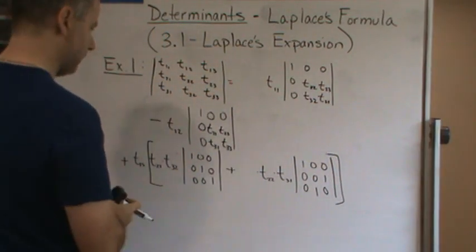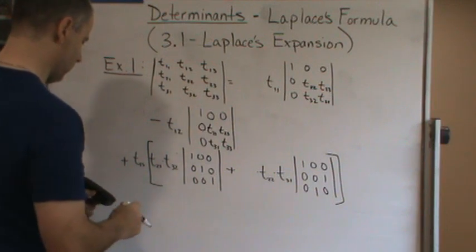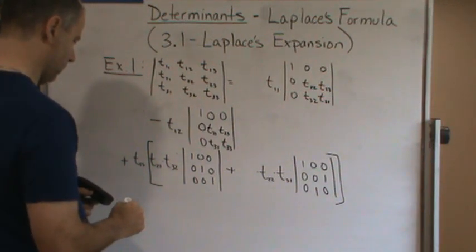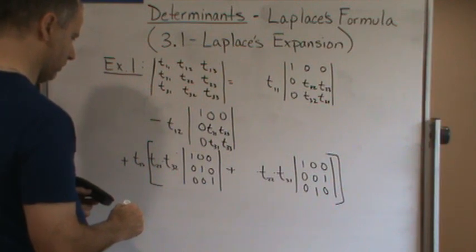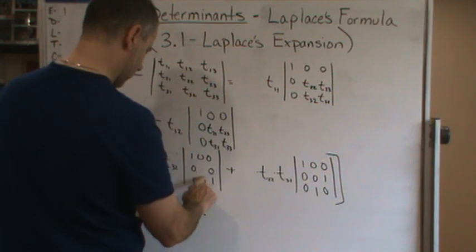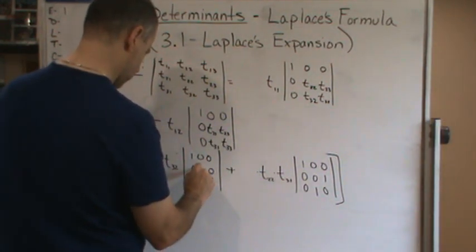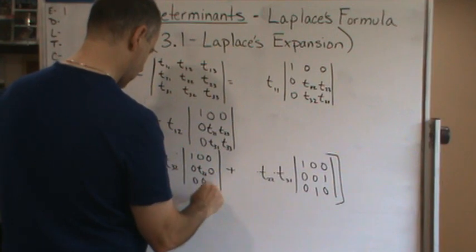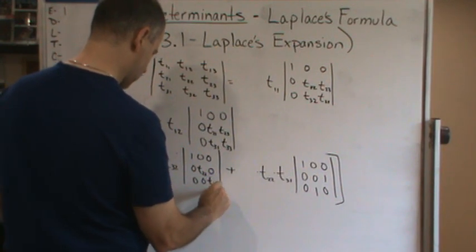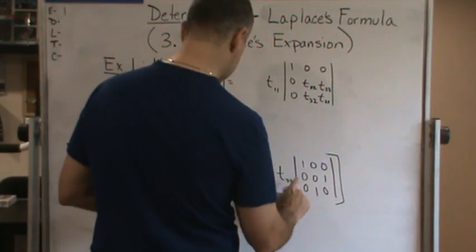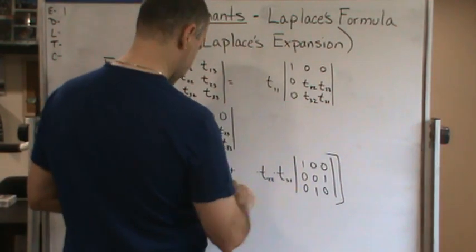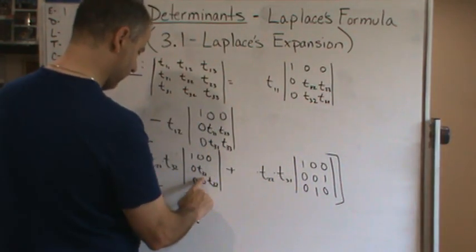And then if we do the same thing here, right, we're going to get T21, T32, and of course we're going to do the same thing over here, but we're going to add them.